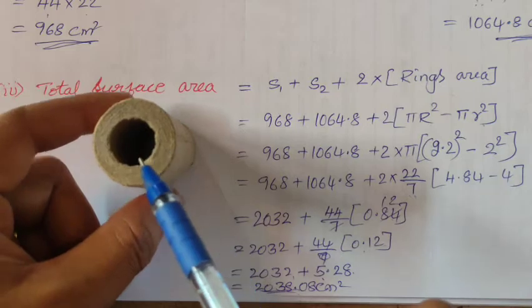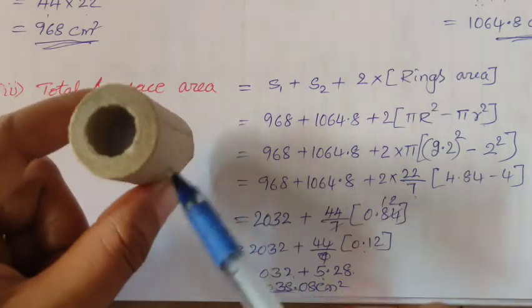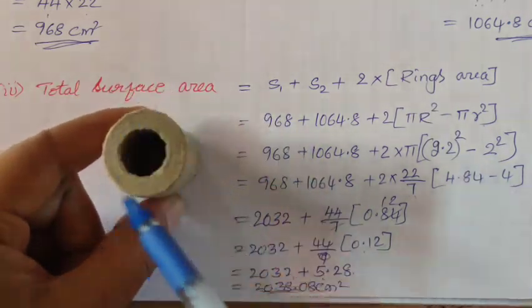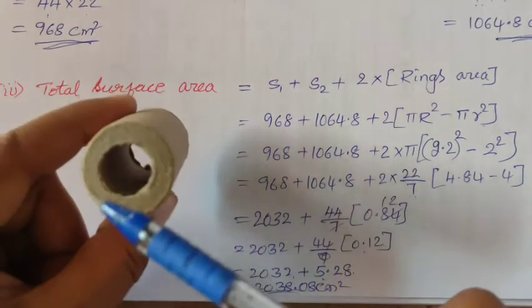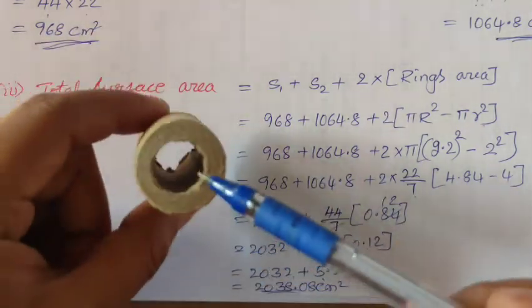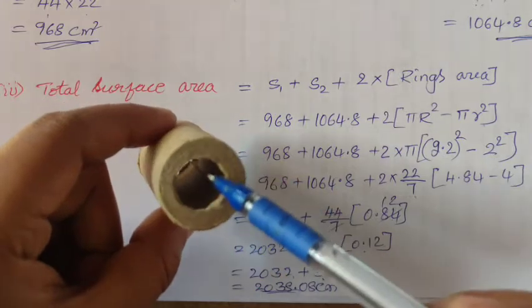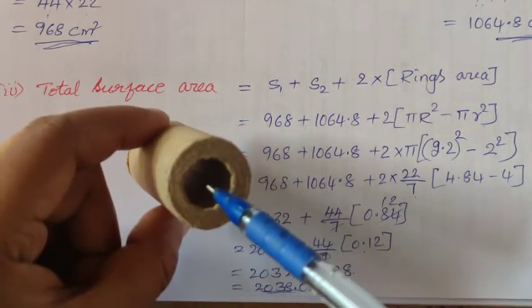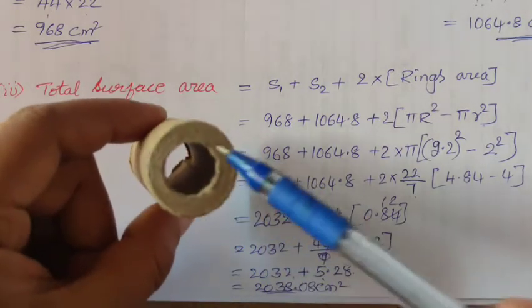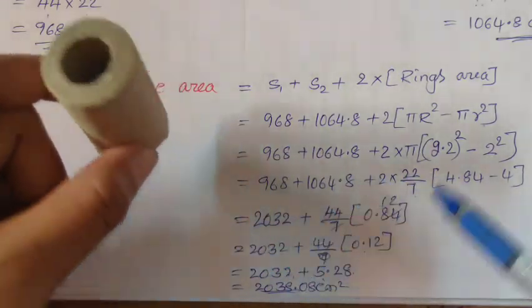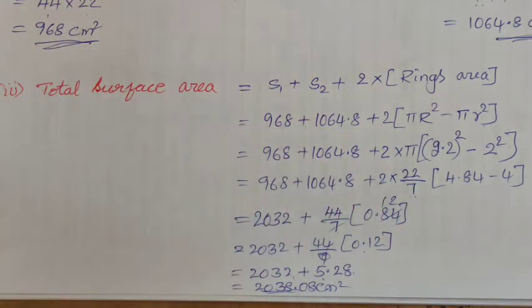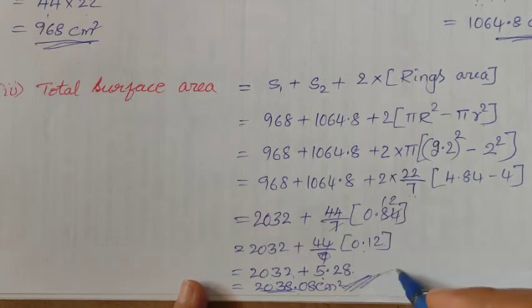The total surface area means inner surface area, outer surface area plus these 2 ring areas. The ring area means you subtract the inner base surface from the outer base. So we get 2038.08 centimeter square.